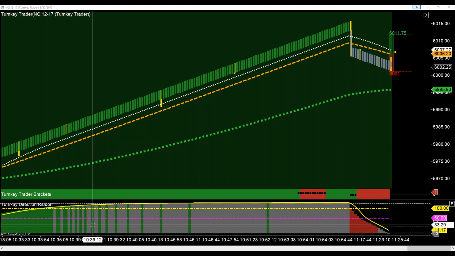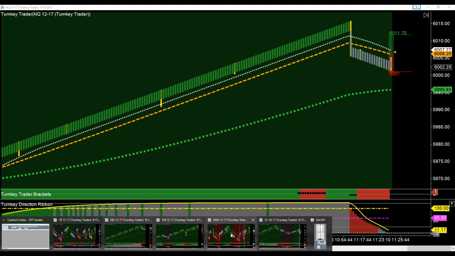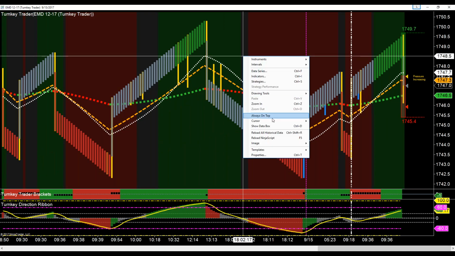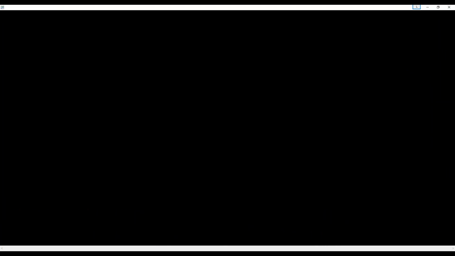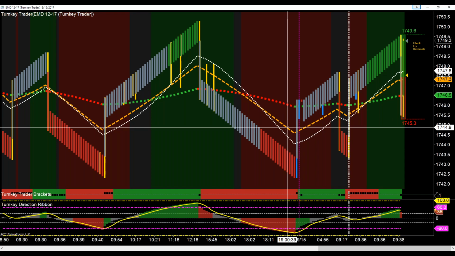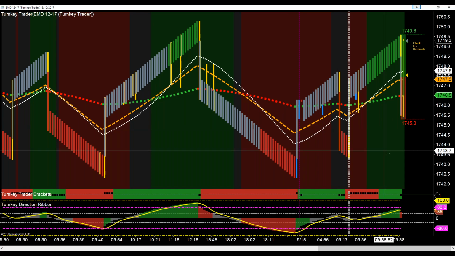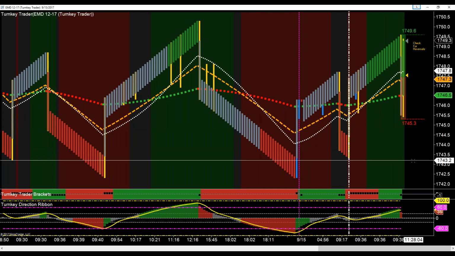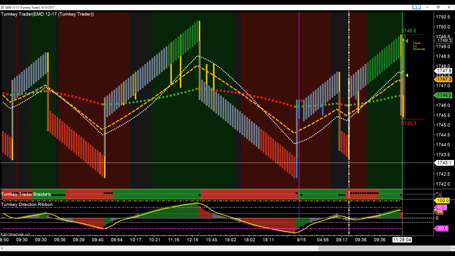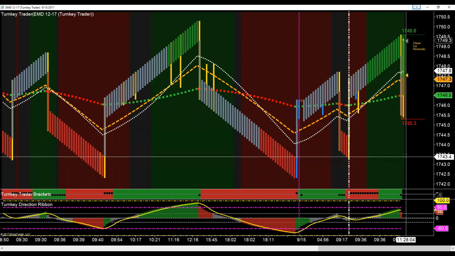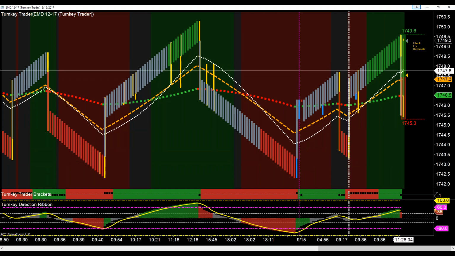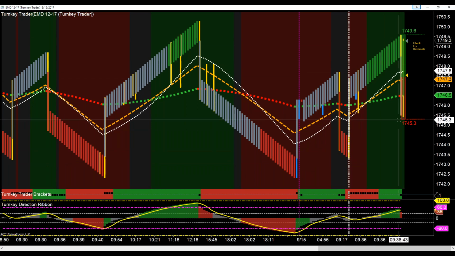All right, Ed is asking about the EMD. Let's take a look. I don't actually have live data in here. Yeah, this doesn't really strike me as a trade setup because I had a reversal.